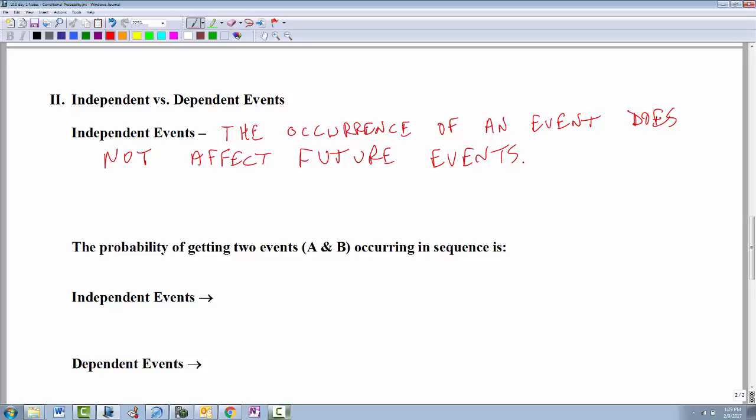But then what's the probability I pick another king after I pick the first one? 3 out of 51. Mark it as dependent. The second pick depended upon the first pick happening, and it also affected the second pick because it affected the amount of numbers. So that's what dependent is.